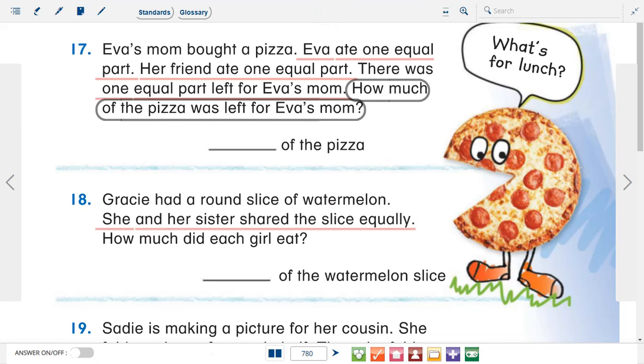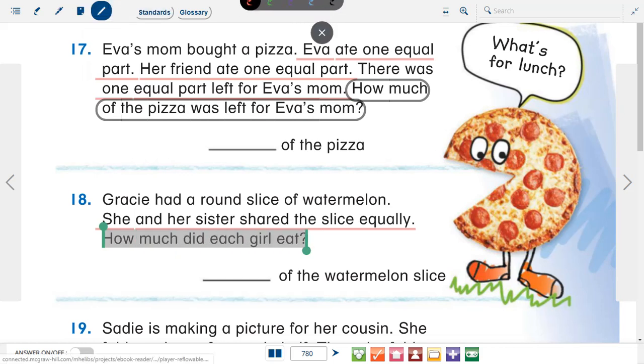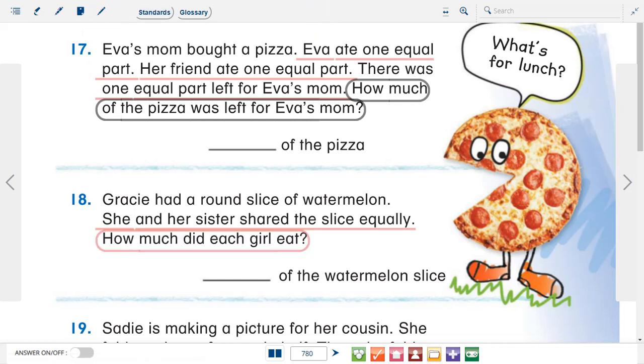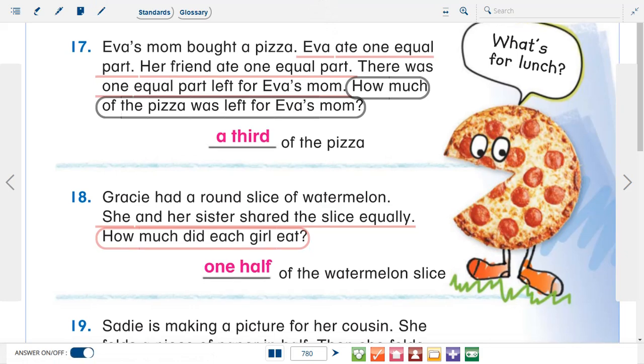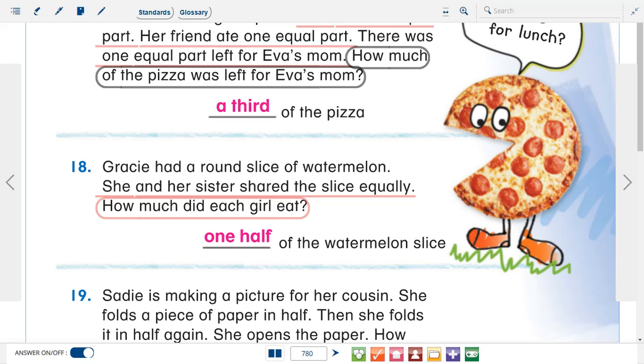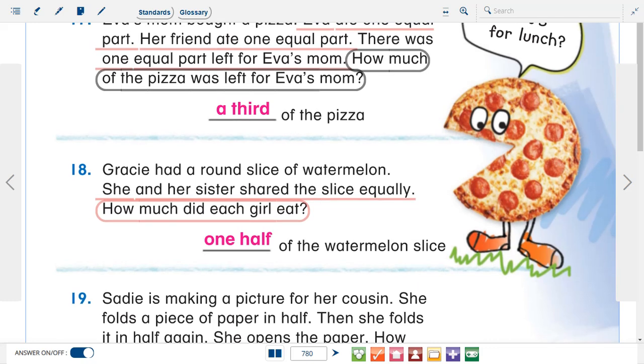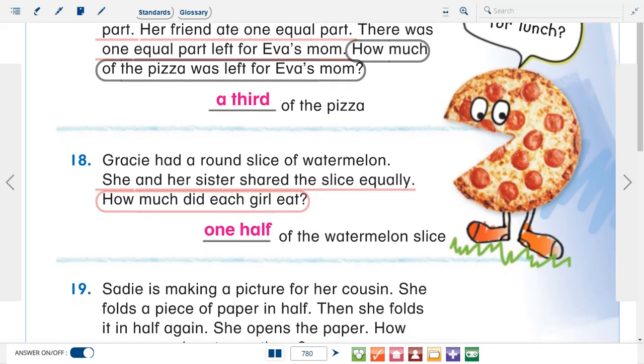Because they are two, how much did each girl eat? We said when they are two, they eat half of the watermelon slice. So each one of them ate 1/2 of the watermelon slice.